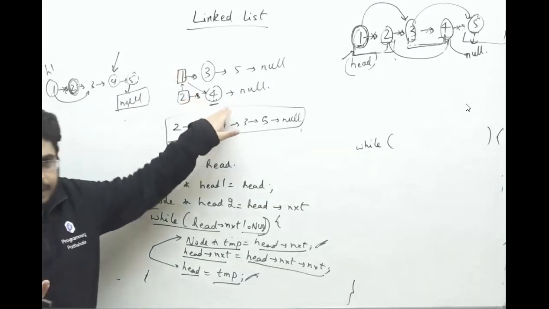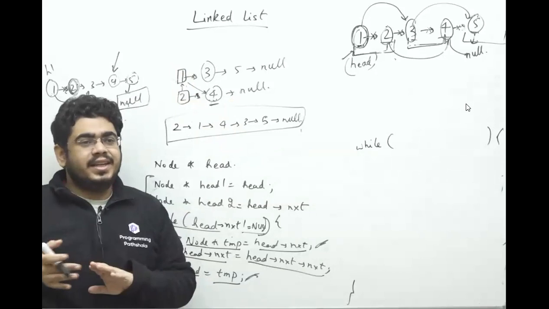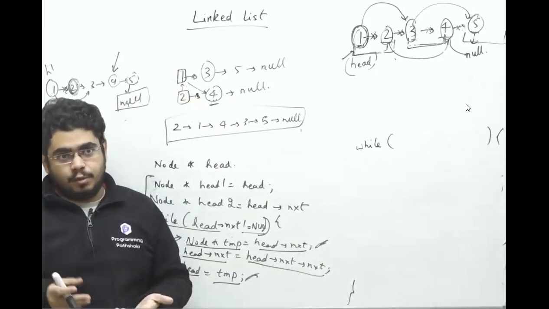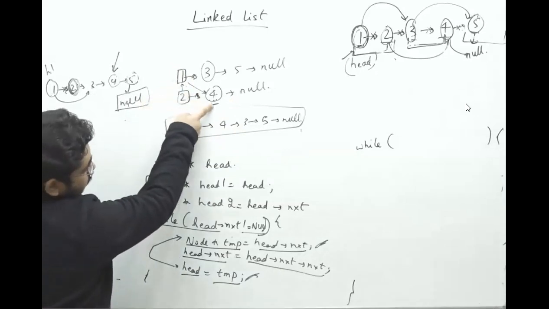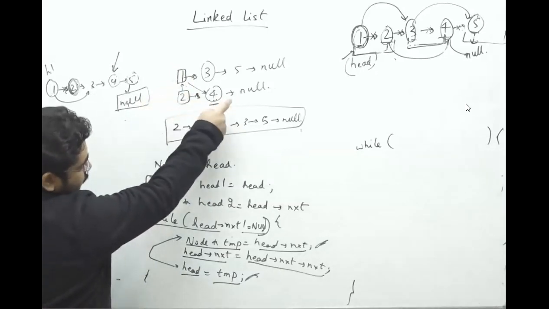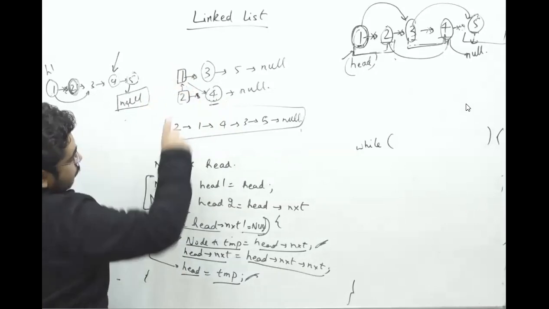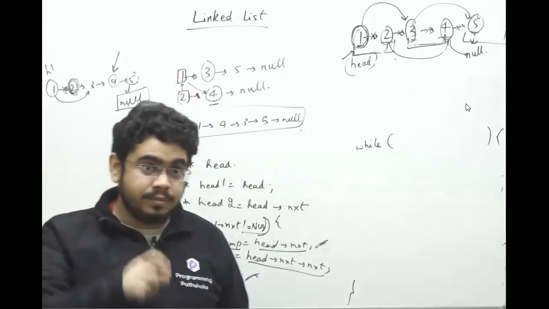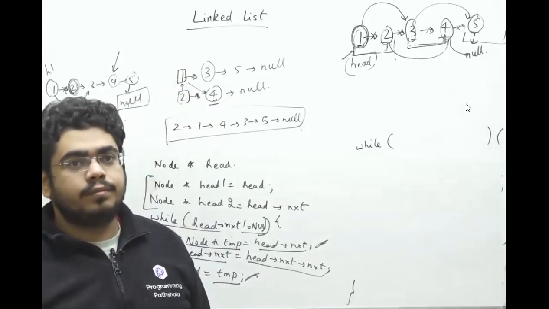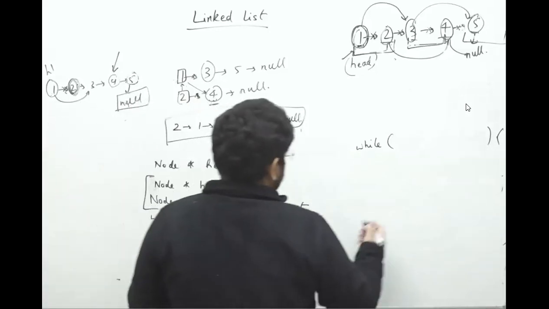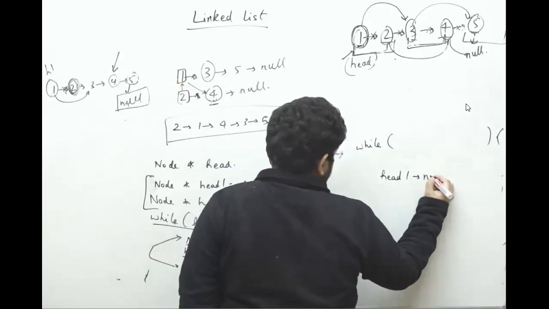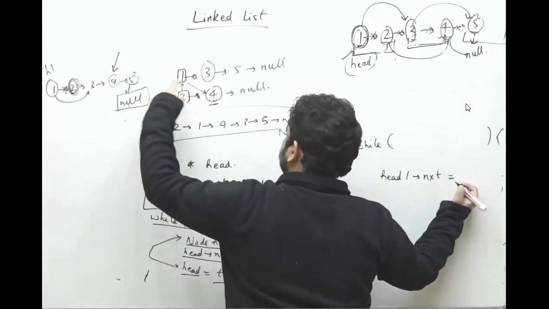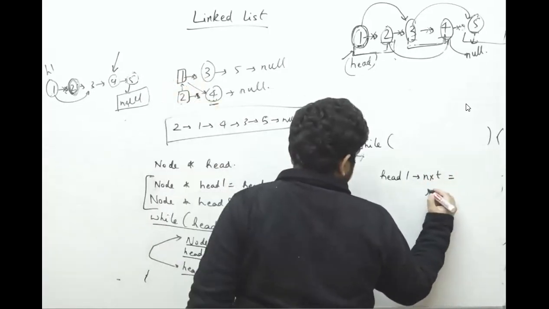We can store it in temp, right? That's a possible thing. But generally, we try to reduce as much space as possible, right? So a better idea would be to make this first, so that 4 is not lost, and then move this. Am I making sense? So what I'll do is, I'll say head 1's next will go to head 2's next.